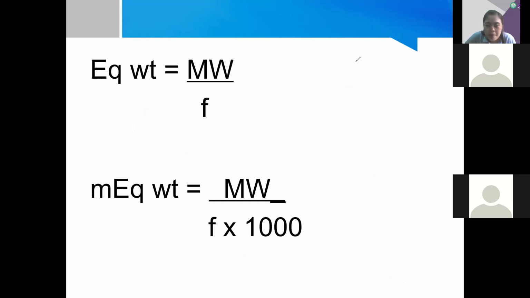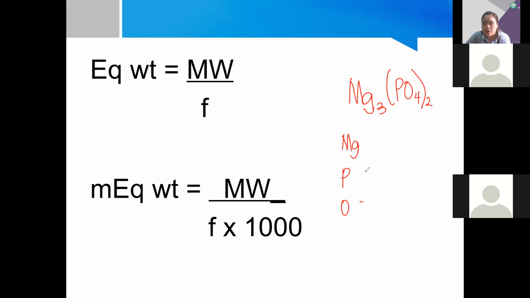So another example will be magnesium phosphate. Oops, this is 3. When you are asked to compute the molecular weight, you have here the magnesium, the phosphorus, and the oxygen.